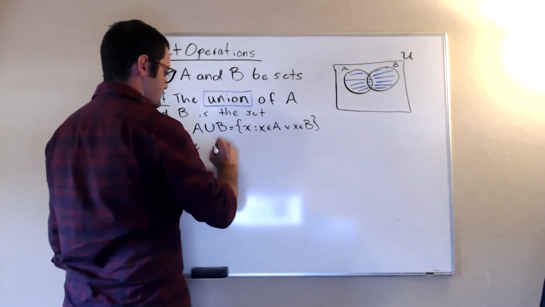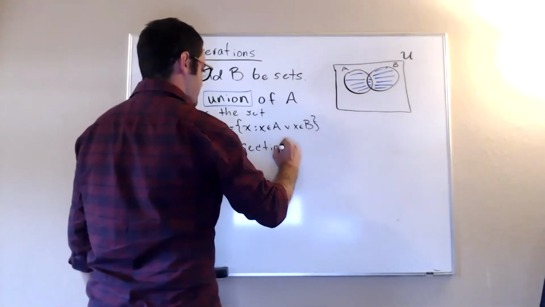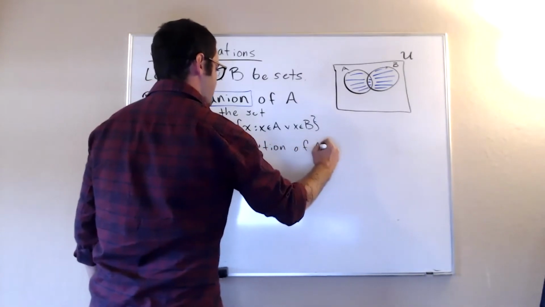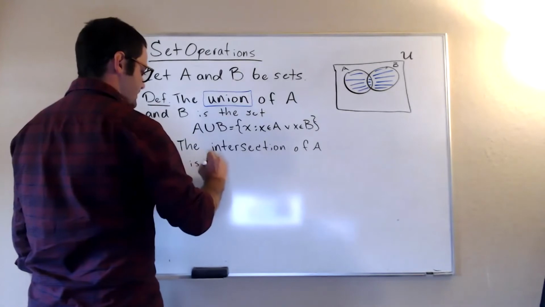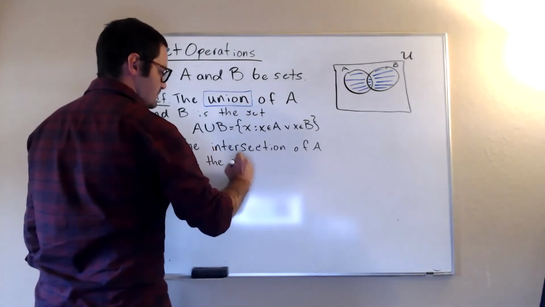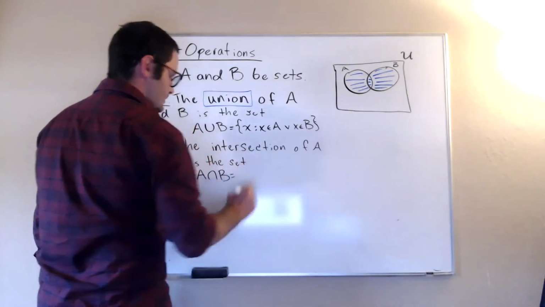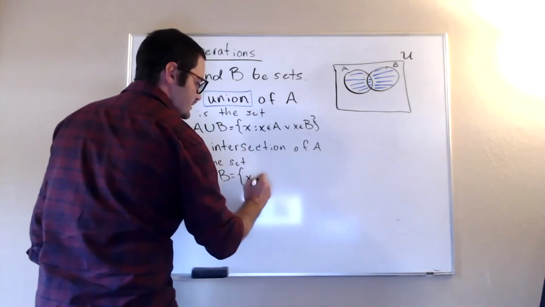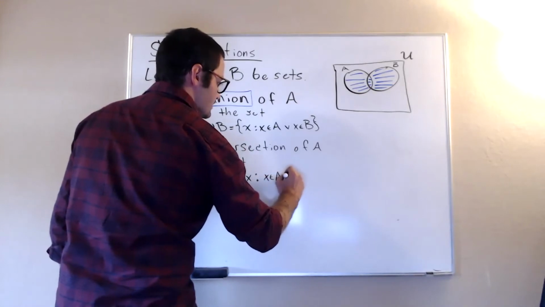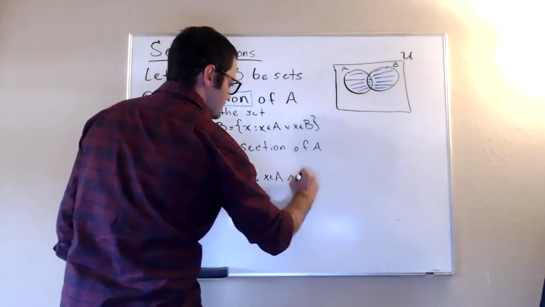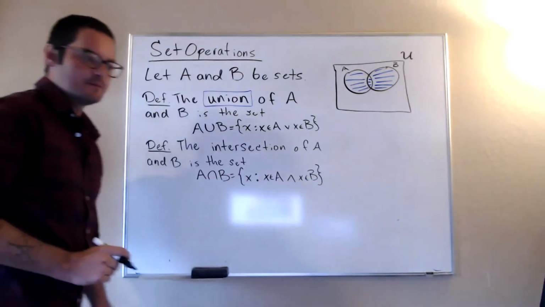All right, so the definition. The intersection of A and B is the set A intersect B, which is equal to the set of all X such that X is in A and X is in B. Okay?